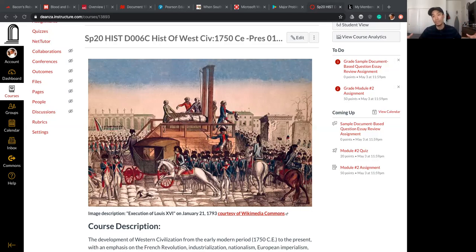And also with expansion comes conflict. Conflict leads to war, and then war, guys, costs a lot of money. And as a result, when monarchs run out of money, oftentimes it leads to rebellion at home.